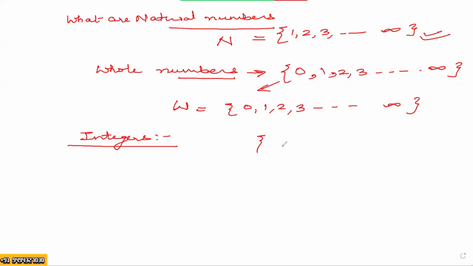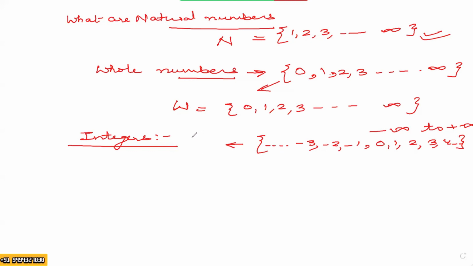Or you can say from minus infinity to plus infinity. So here I'm writing dash dash dash, -3, -2, -1, then 0, 1, 2, 3, 4, and so on. Clear?